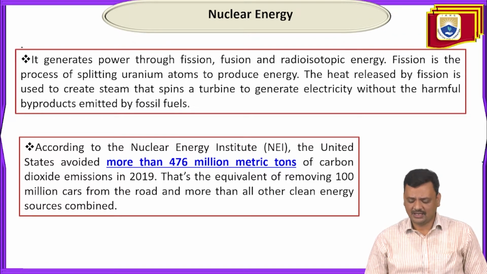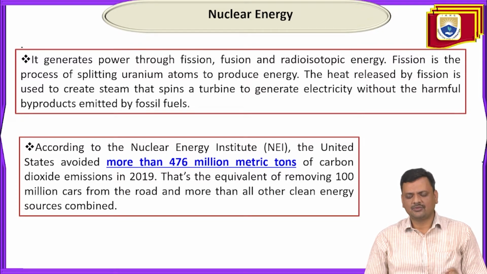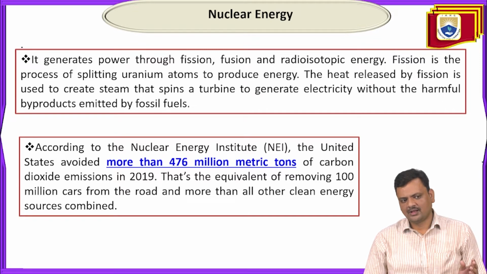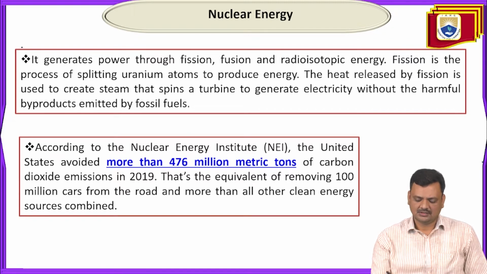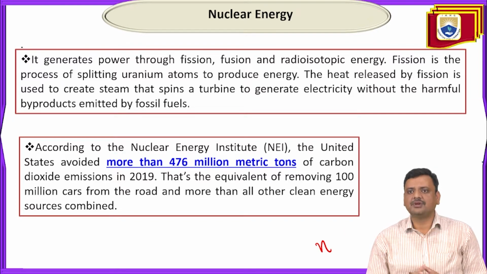Nuclear energy is a form of energy which is generated through reactions. This is not a chemical reaction, this is a physical reaction, where highly kinetic energy neutrons, you know this thing, neutron denoted by N, react with nuclear fuel.